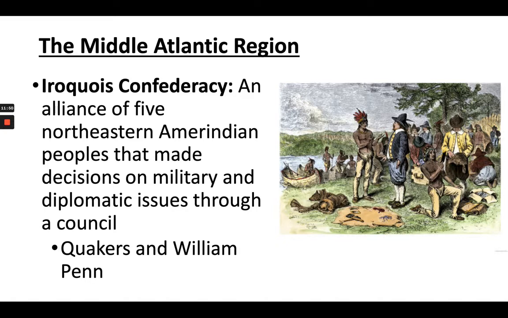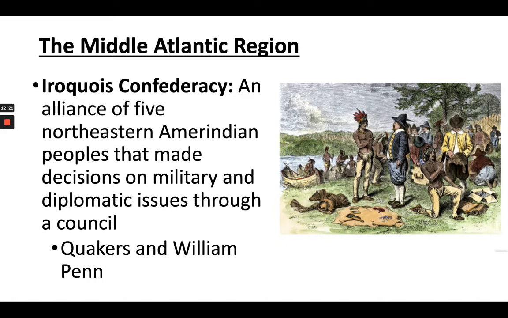So one of these groups is going to team up with partners to become the Iroquois Confederacy. The Iroquois Confederacy is an alliance of five northeastern Amerindian peoples that will make decisions on military and diplomatic issues through a council. They trade with the Dutch through the Hudson River, then with the English, participating in the New York trade.